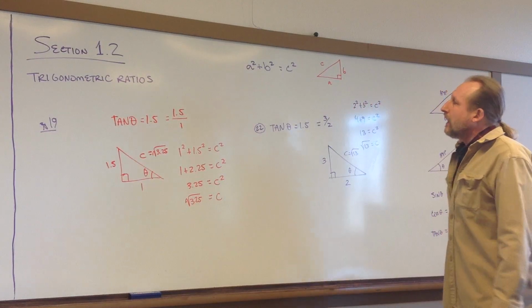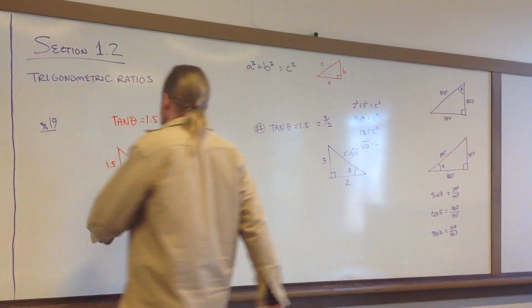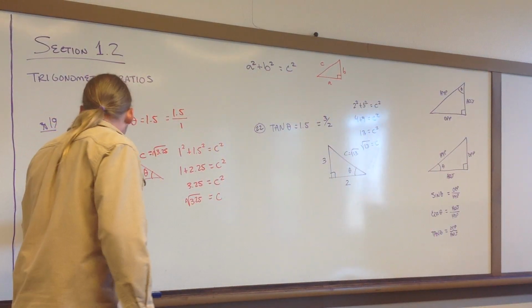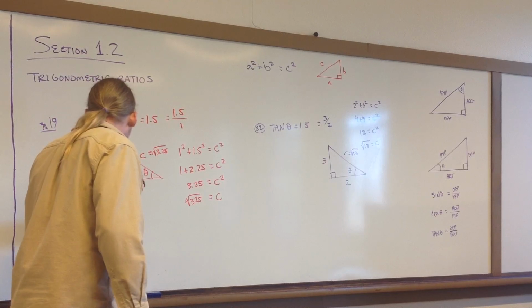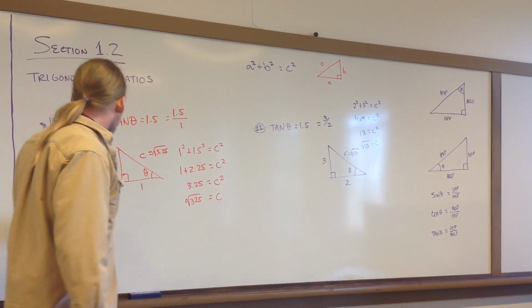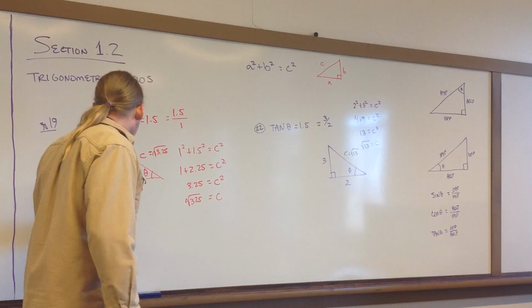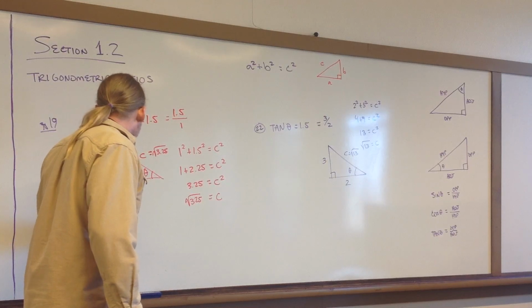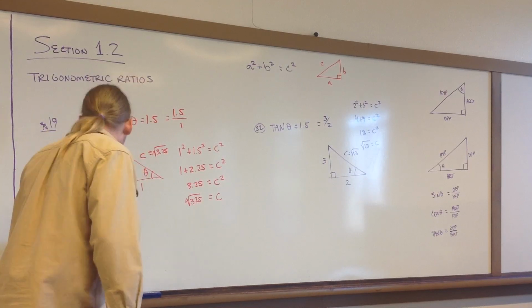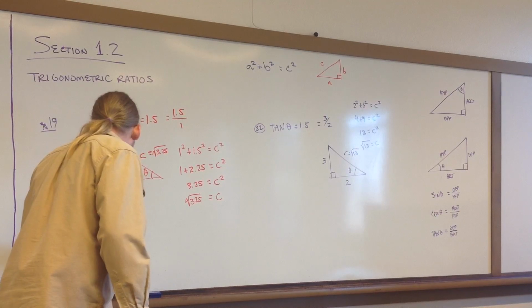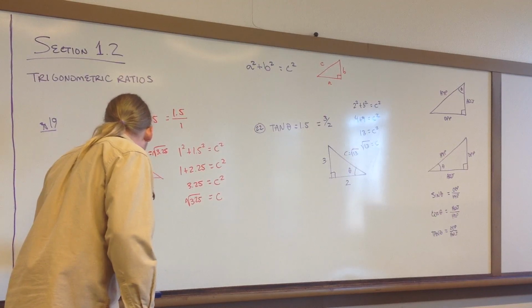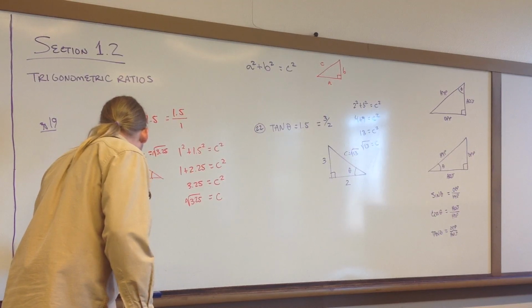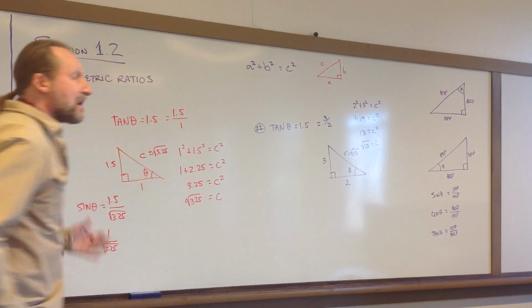So, now, over here, we've got all three sides. So if we want the sine ratio, sine will be 1.5 divided by the square root of 3.25. And the cosine ratio will be 1 over the square root of 3.25.